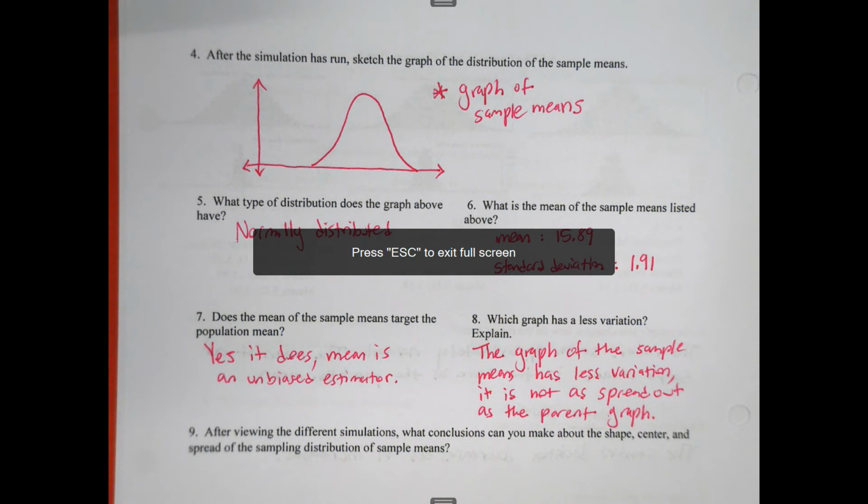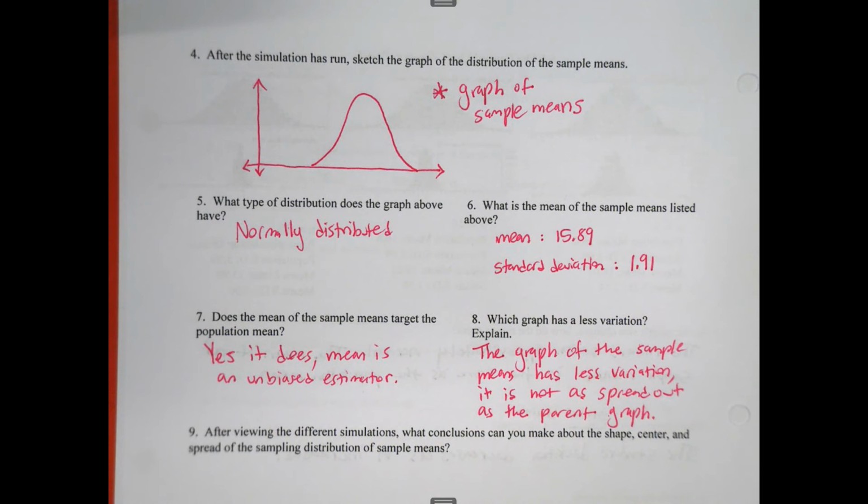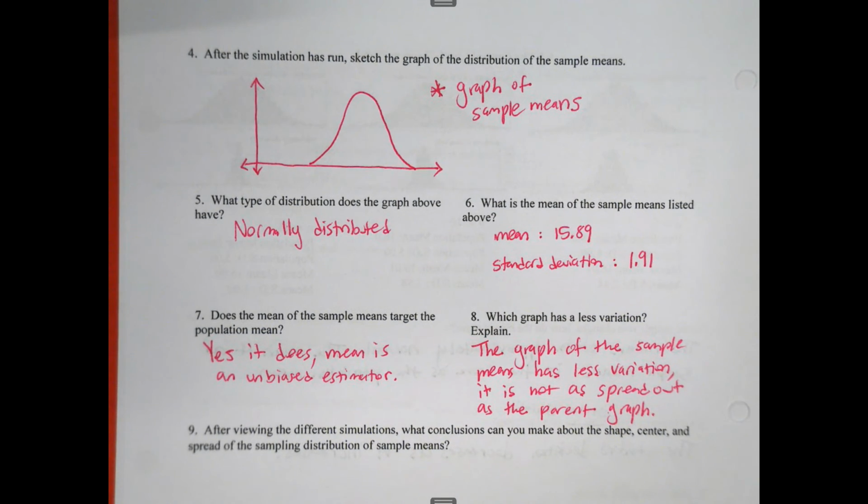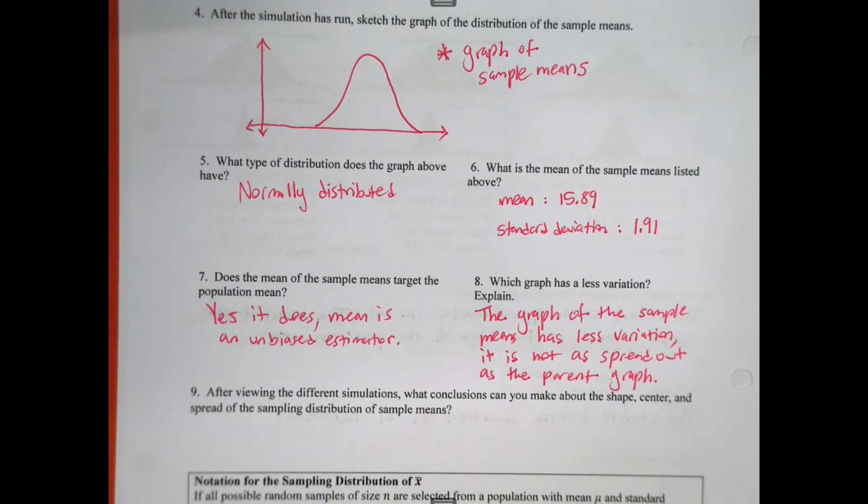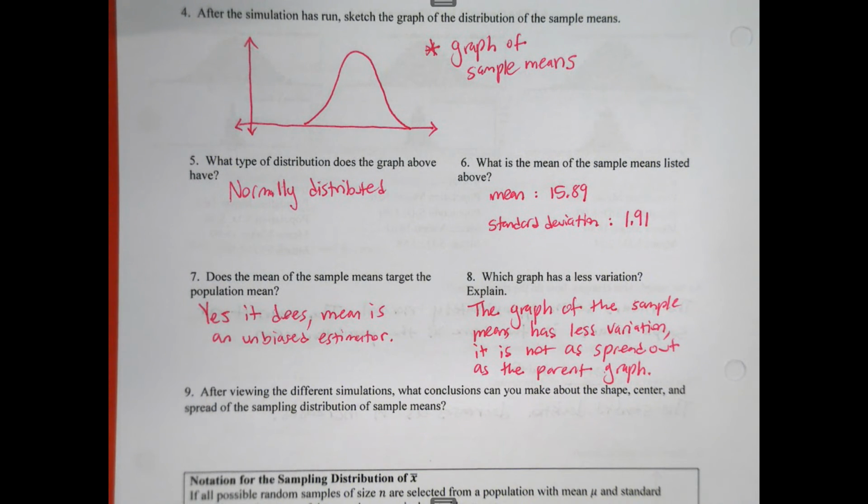After viewing the different simulations, what conclusions can you make about the shape, the center, and the spread of the sampling distribution of the sample means?